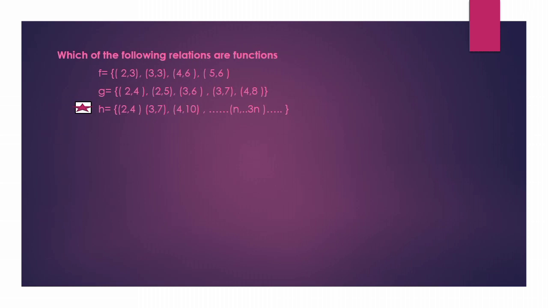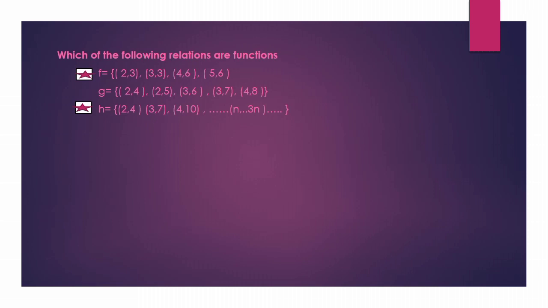What about the other two here? The relation F. Is it a function or not? Try to look at the x values: 2, 3, 4, and 5. So none repeat. Is this a function or not? Yes, it is a function.